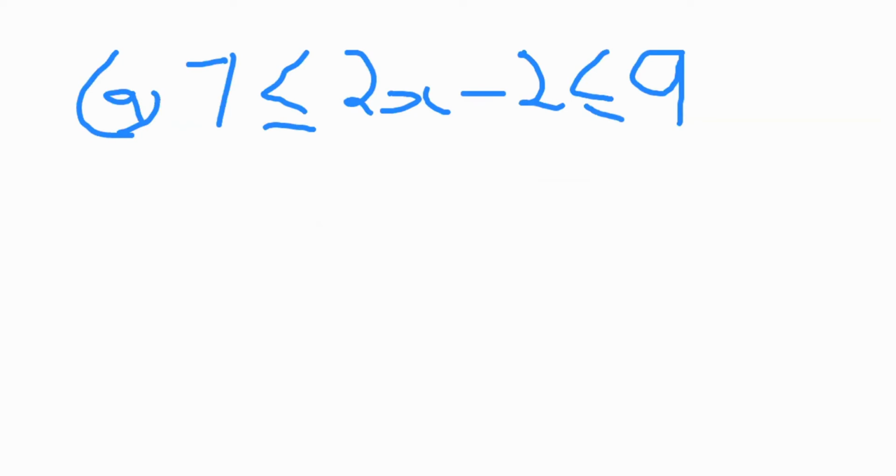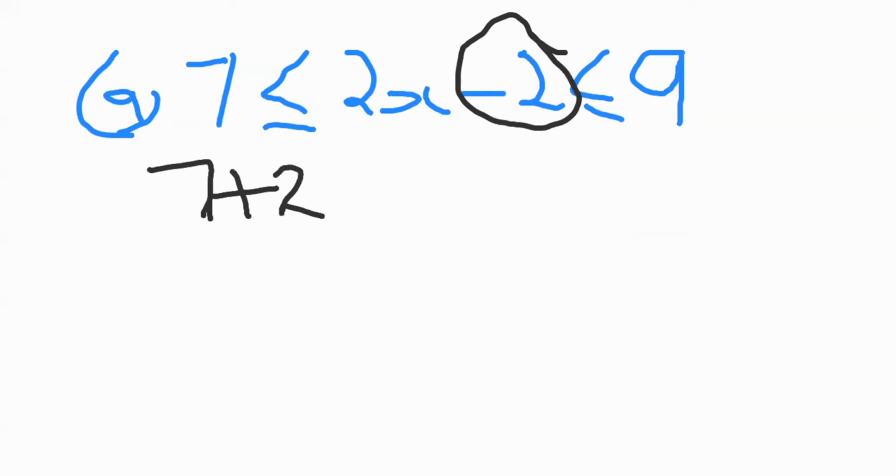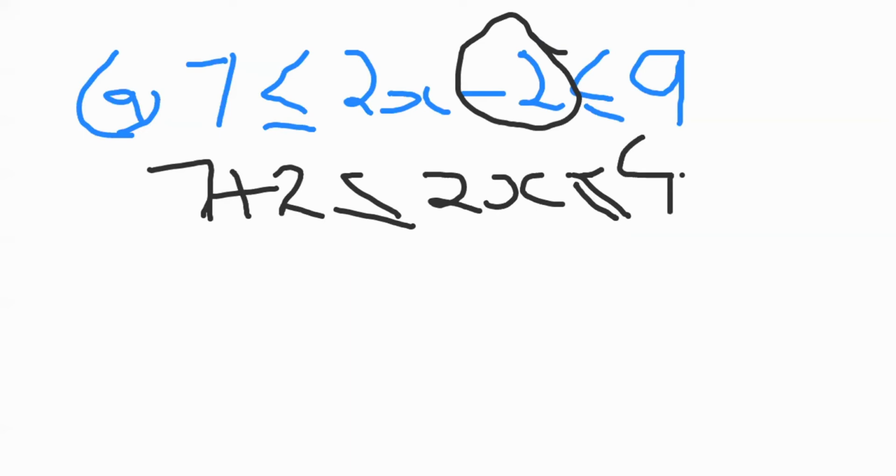So let's do the first one. For the first one, we're going to carry over the 2. Carrying over the 2 to both sides. We get 7 plus 2, 2x, 9 plus 2.